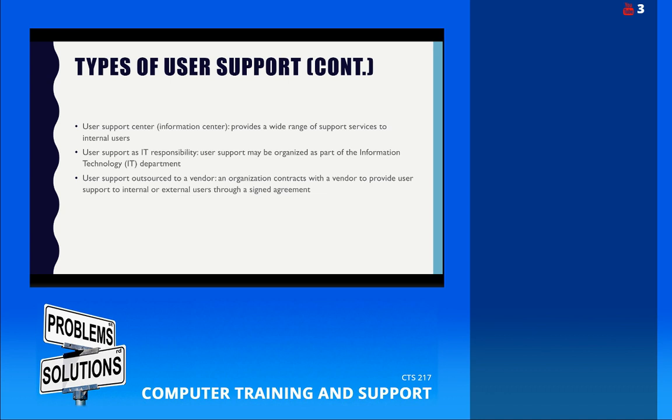User support as IT responsibility. And this is when your information technology department also operates as your user support. To some degree, that happens here at Cleveland Community College. Help desk is the first line of support, but when it gets escalated, oftentimes the IT department then takes over and is our second tier help desk.